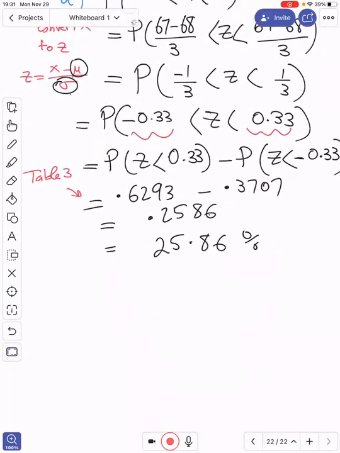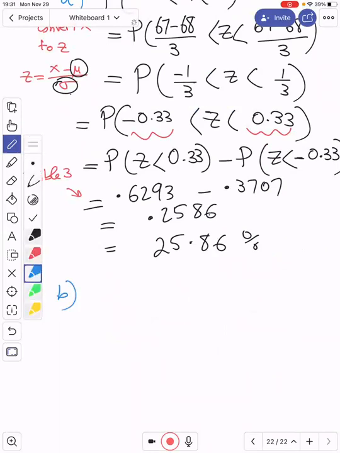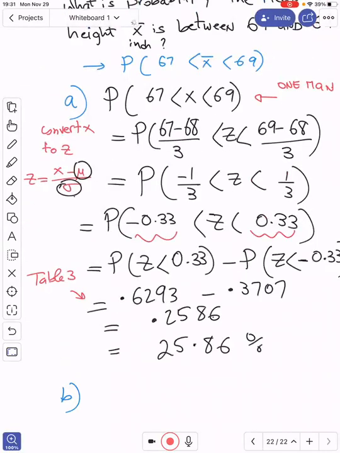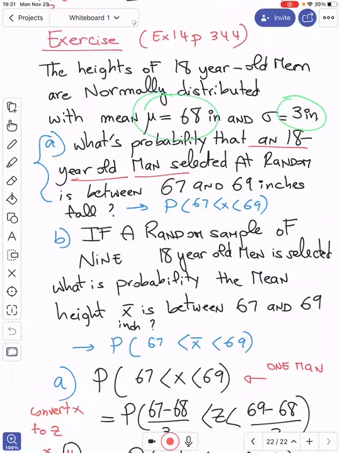Now in B, we have a sample of 9 18-year-old men.